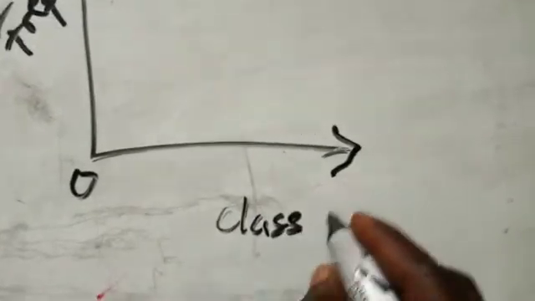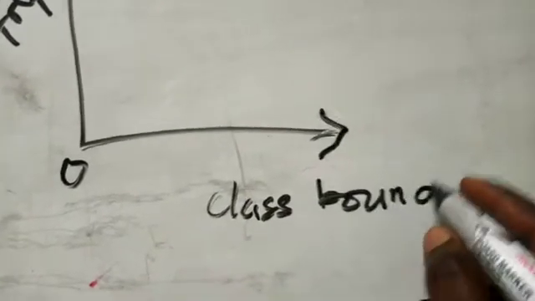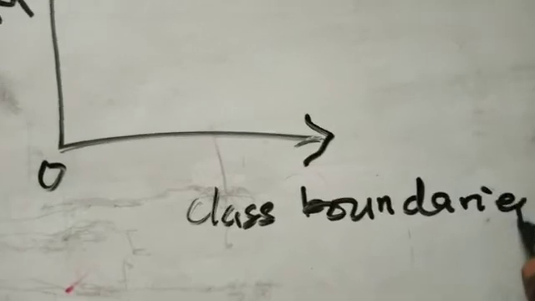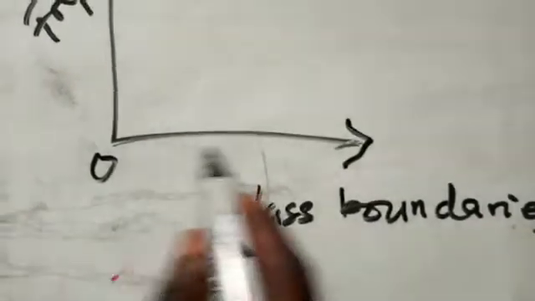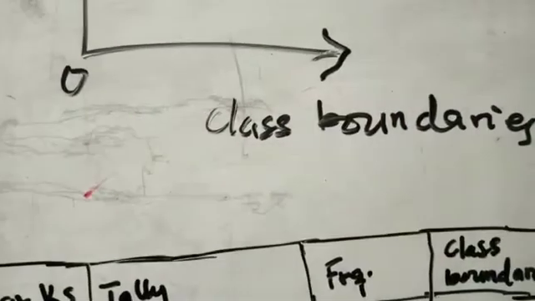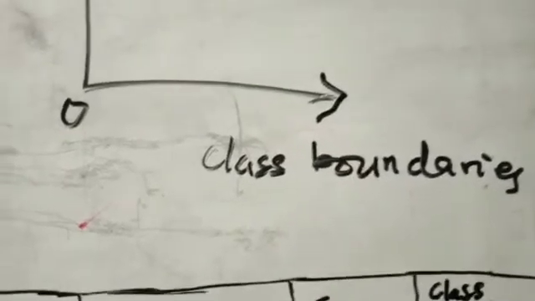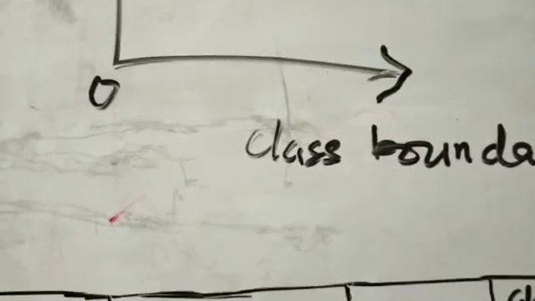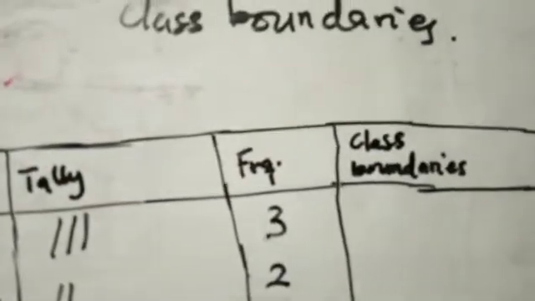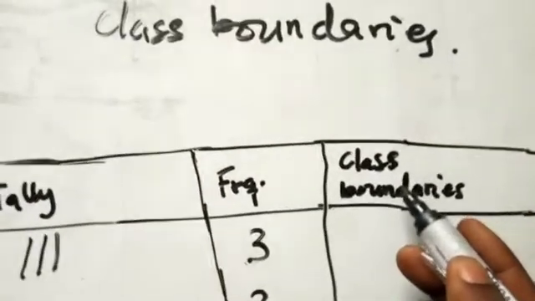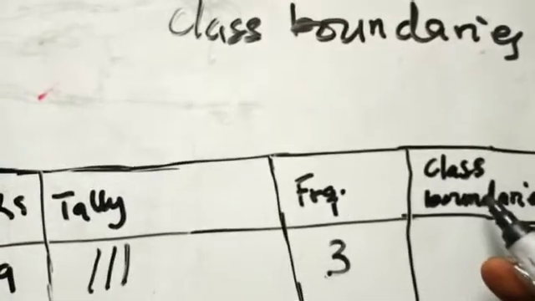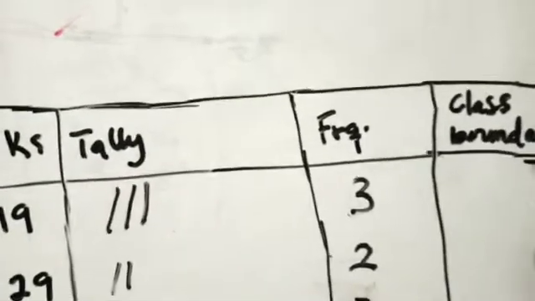There's something called class boundary. So let's look at exactly what that is. So what will be here is the class boundary, and let's look at the image behind the class boundary and how to find that. Okay, now that is why we got this column here. So this is the class boundary that we are going to have a look at. And how do you find that, right?